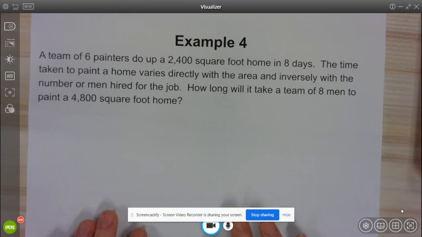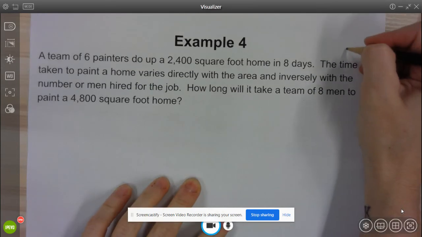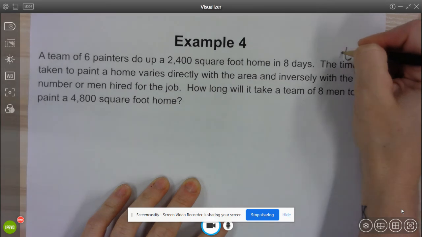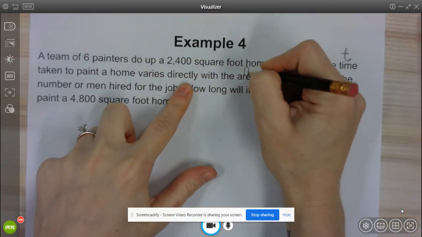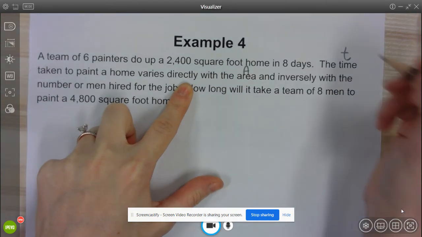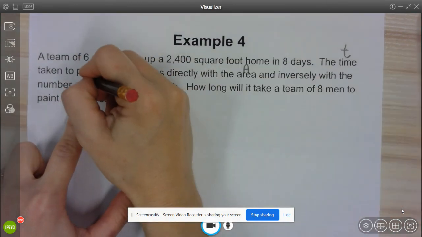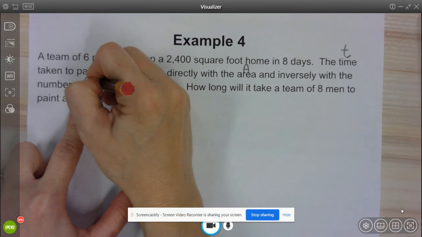Now, last but not least, we've got a team of 6 painters. They're doing a room. It's 2,400 square feet, and they painted, or excuse me, they're doing a home. They took care of that home in 8 days. So the time that it takes varies directly with the area and inversely with the number of men.